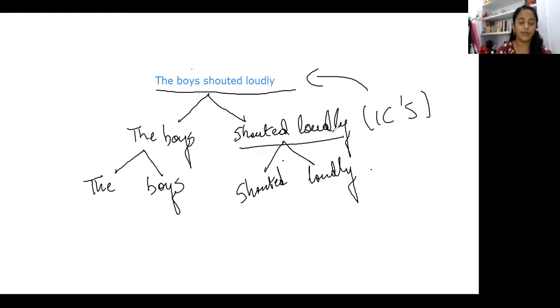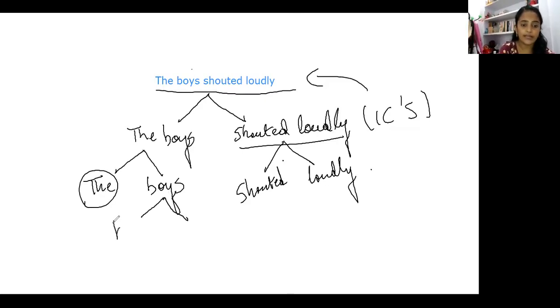Now let's come back. Look at this word "the". It is already a morpheme. Can you break it down further? No, so you leave it there. We have reached the ultimate constituent here, so we'll stop. But when you come to the word "boys", you can see that there are two morphemes: boy and s, the plural form.